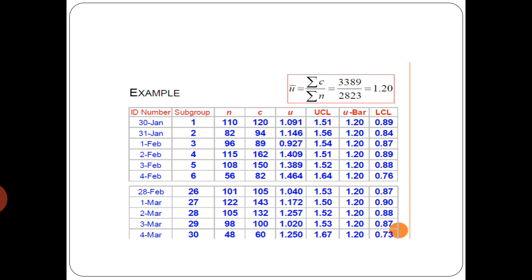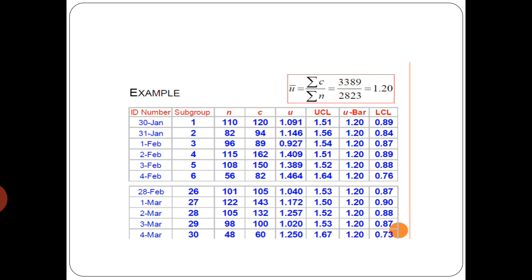Again with the example, subgroup from 30 January, so on a daily basis, the subgroup number and its observations are given. For all, n, c and u are given, and the upper and lower control limit values we attained. This is for u bar. You just see u bar. For u bar we got 1.20.